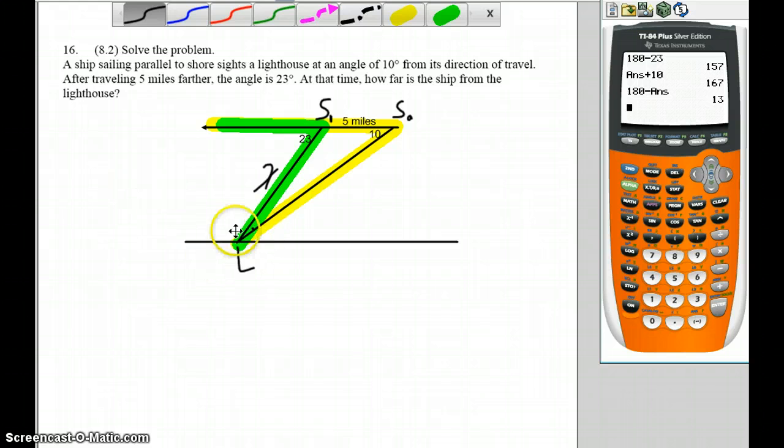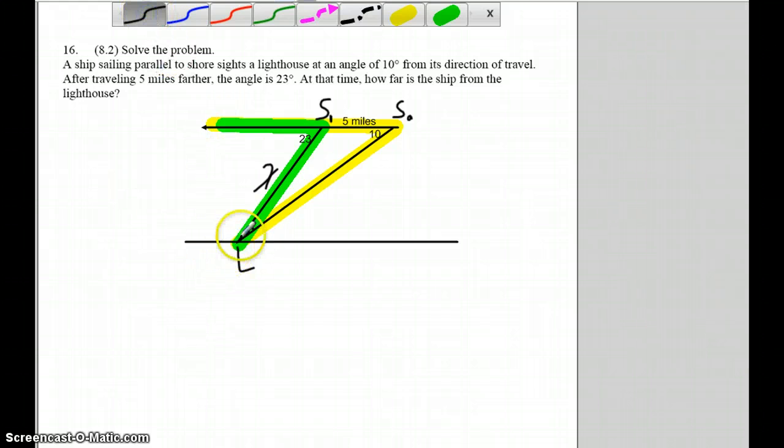Let me actually go through the trouble of labeling that. So this angle right here is 13 degrees. That's an important angle to know because it allows us to use the law of sines. We have this angle and the side opposite, so we can use the law of sines to solve for x, since we have the angle opposite side x.